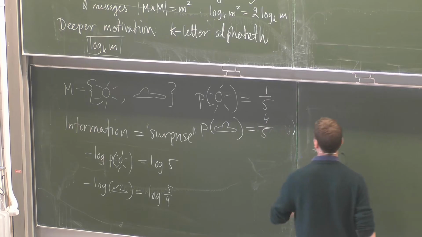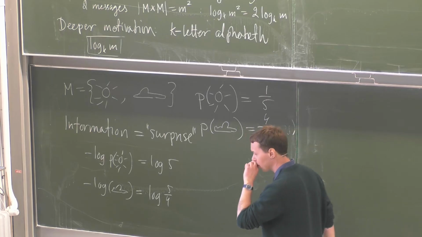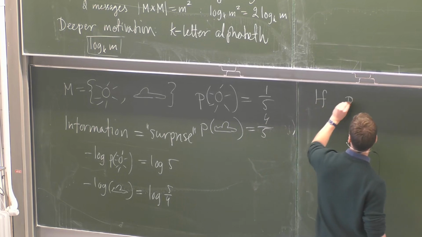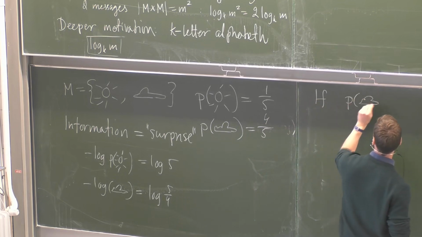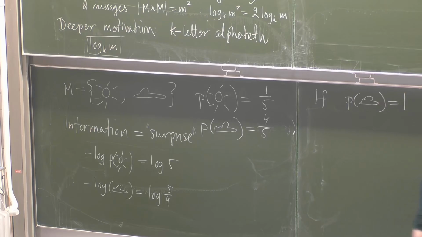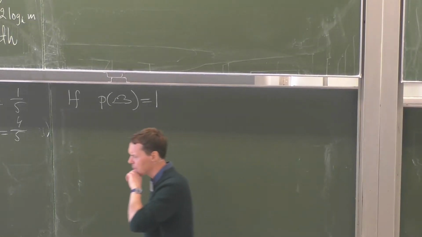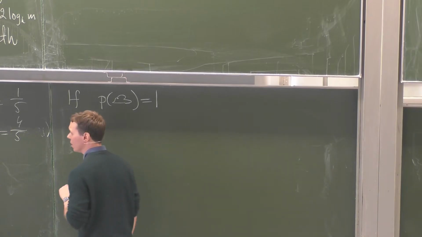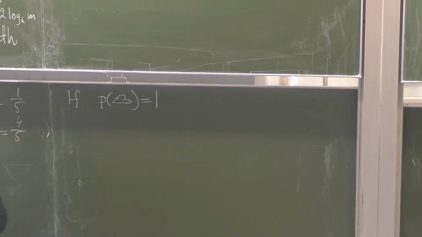Also, if we say P of cloudy is 1, what does that mean? We take log of P, so it's just 0.